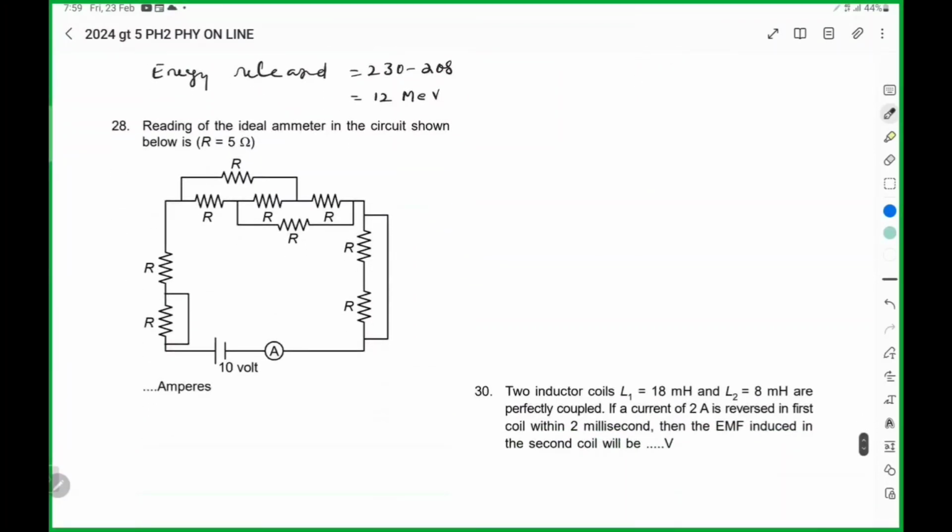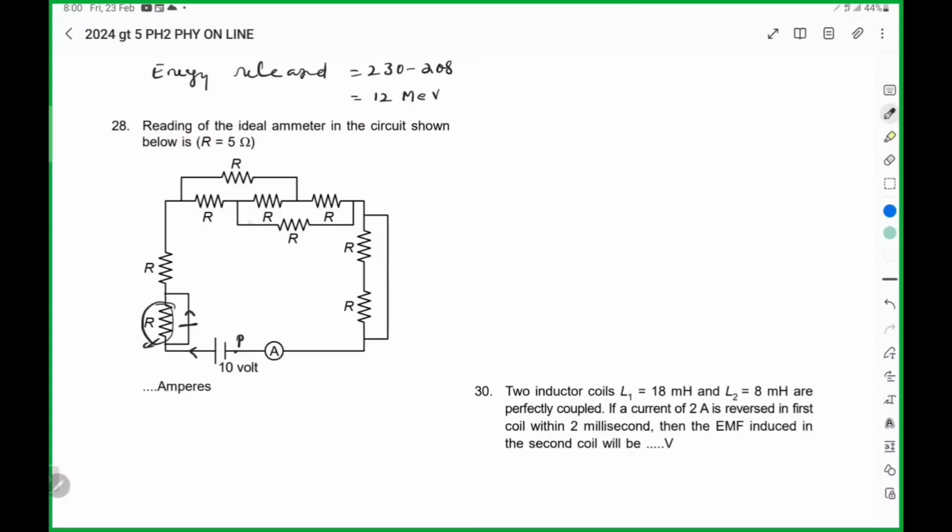A reading of the ammeter, ideal ammeter in the circuit. So what is the net current that flows through it? When current flows through the battery, compared with this resistor and this wire without resistance, obviously where zero resistance is there, maximum current flows through this, we can neglect it.